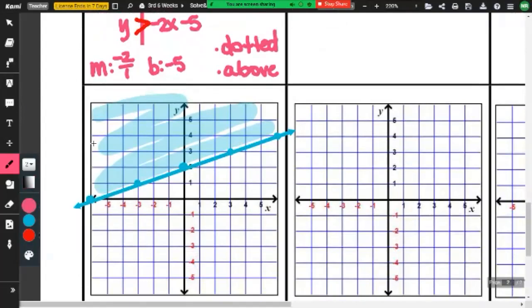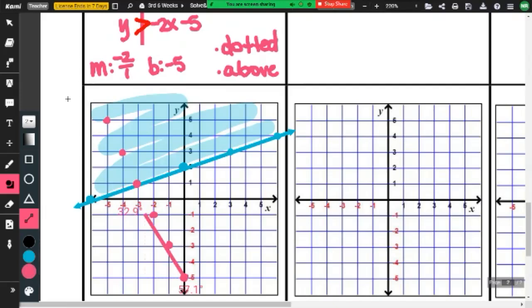All right, so we're going to start at this -5. It's -2, so it's down 2 to the right, but since I cannot go down to the right, I'm going to have to go up 2 to the left, as long as I make sure that this line is going down from left to right by the time I'm done graphing it. And this one is dotted, so I will have to fix that.